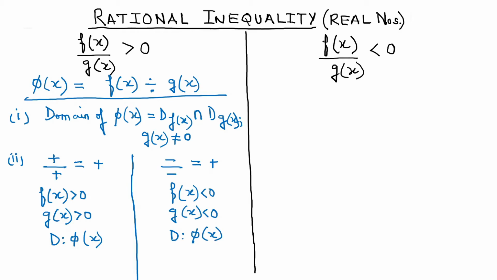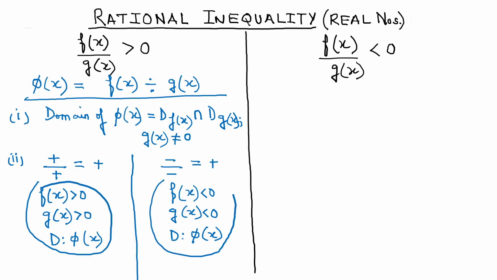Now when you are writing three different things one after the other, that means you are supposed to take the intersection of all the three. So when you have written this, you are supposed to give the final answer or the solution.